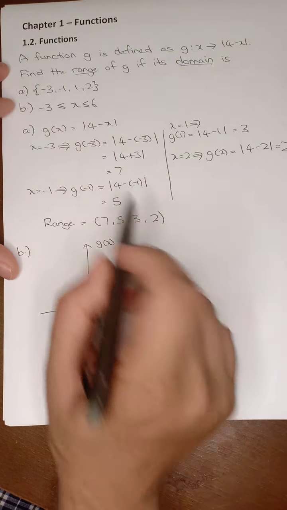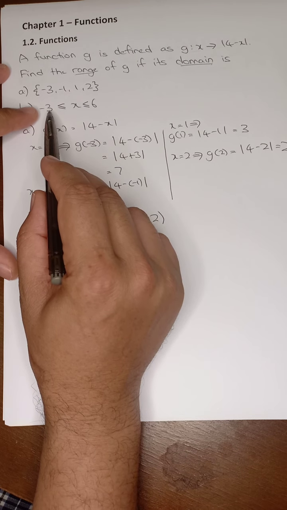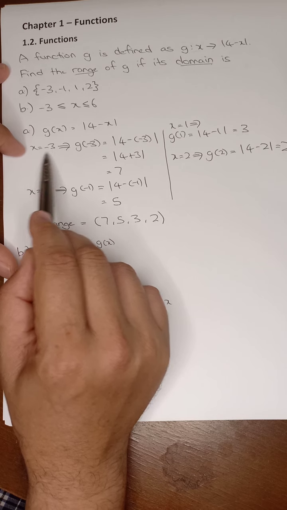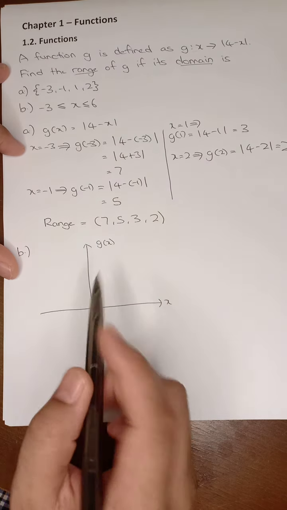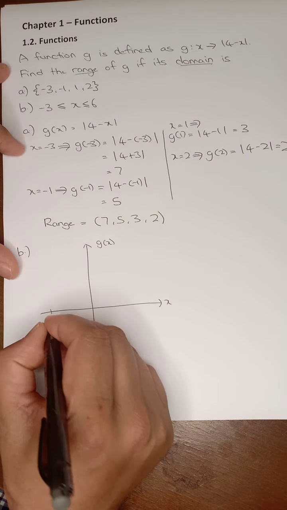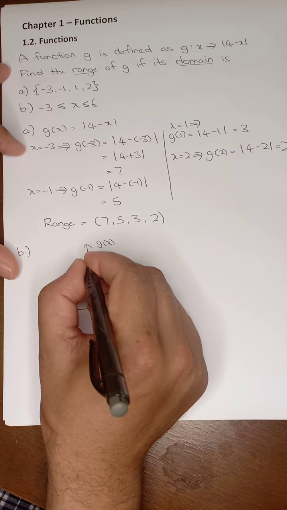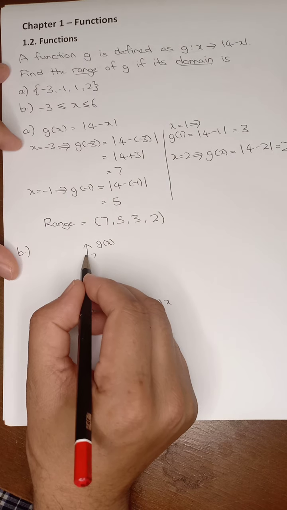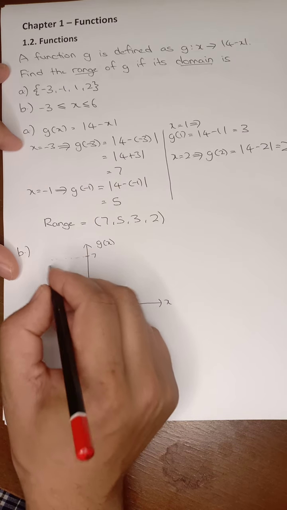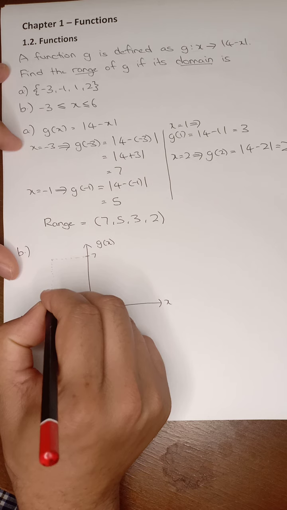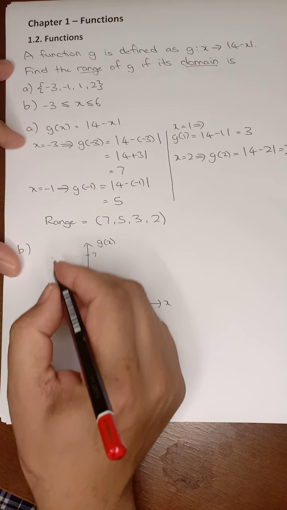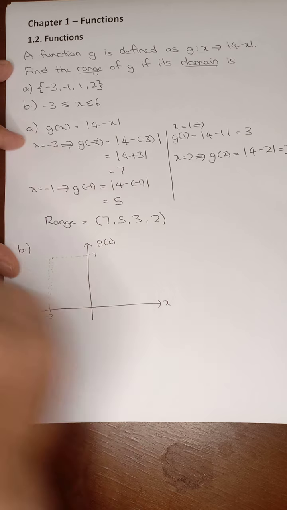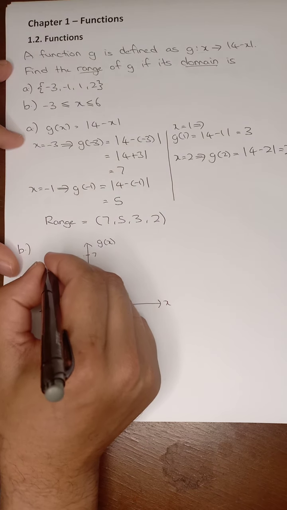When x is -3, what's the value of g(x)? We did that in question A, so we can use the same value. x is -3, g(x) is 7. I can plot that, maybe sketch. It might not be so accurate, but it's somewhere about here.